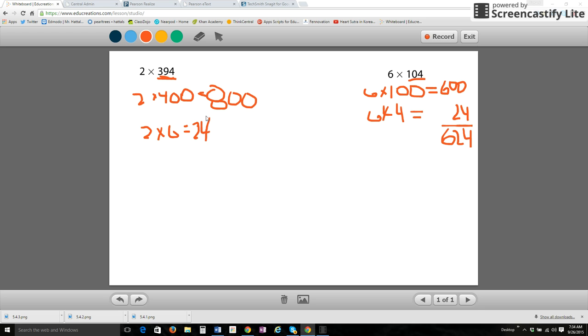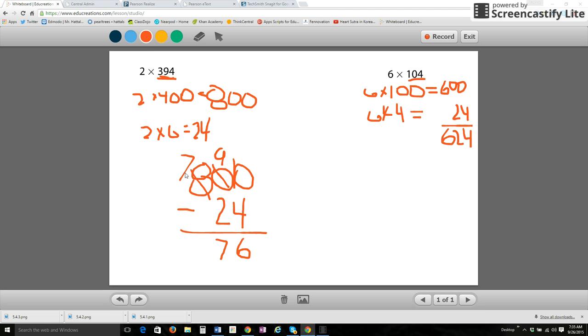So we're going to have to take the 800 and compensate for that by subtracting 24. Okay, so we start out with 4 from 10 is 6, 2 from 9 is 7, and I have the 7 right here. So our answer is 776, and we did that mentally.